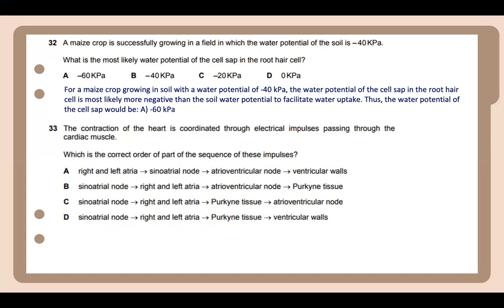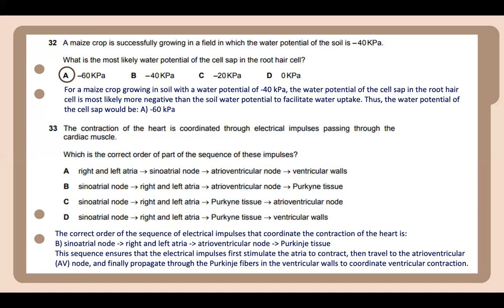The contraction of the heart is coordinated through electrical impulses passing through the cardiac muscles. Which is the correct order of part of the sequence of these impulses? The correct order of the sequence of electrical impulses that coordinate the contraction of the heart is sinoatrial node, right and left atria, atrioventricular node, and Purkinje tissue.